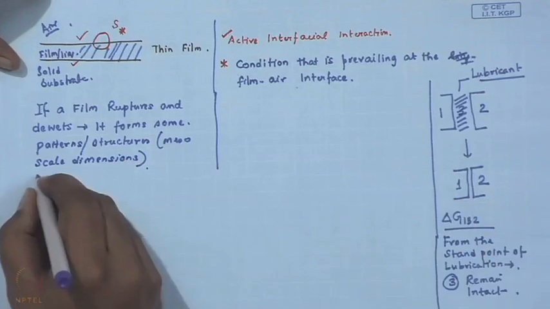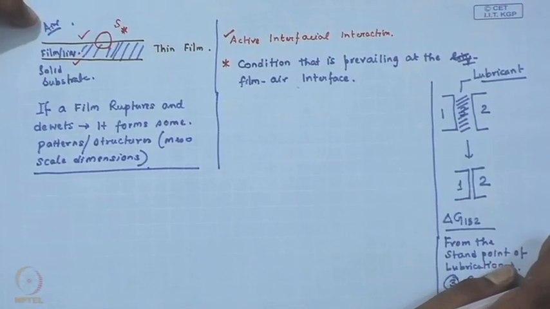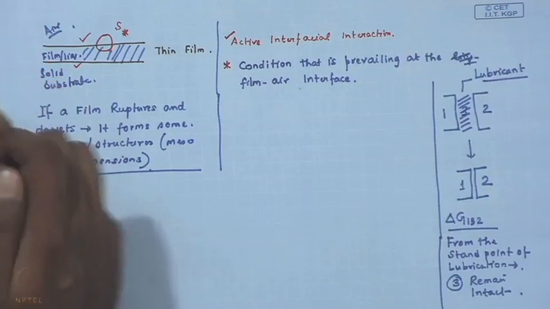So, one of the approaches that we will see is to use instability as a viable patterning technique.